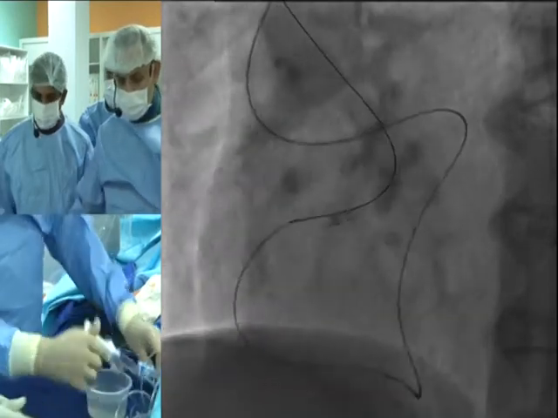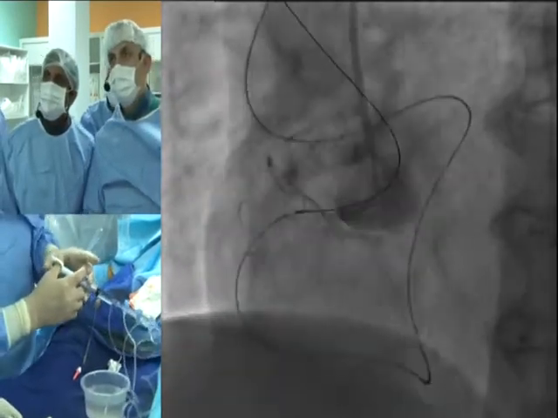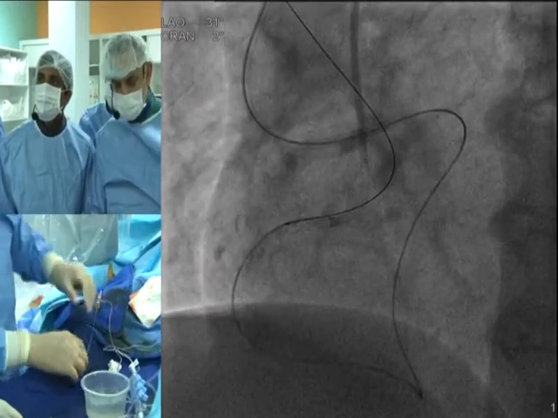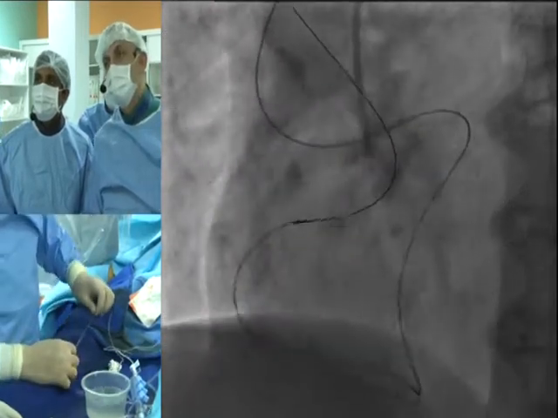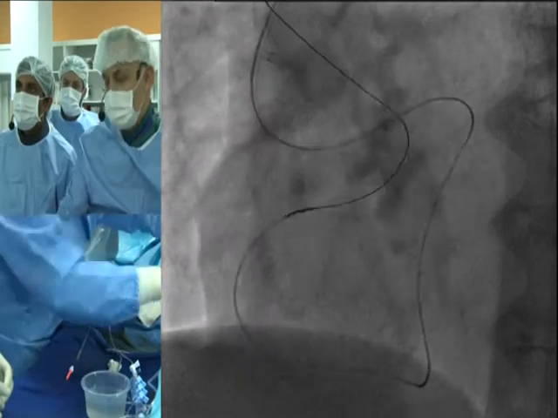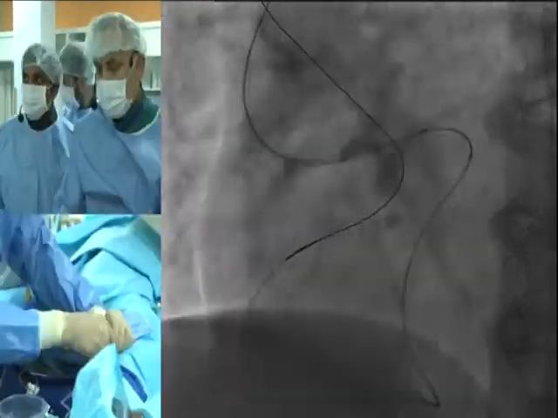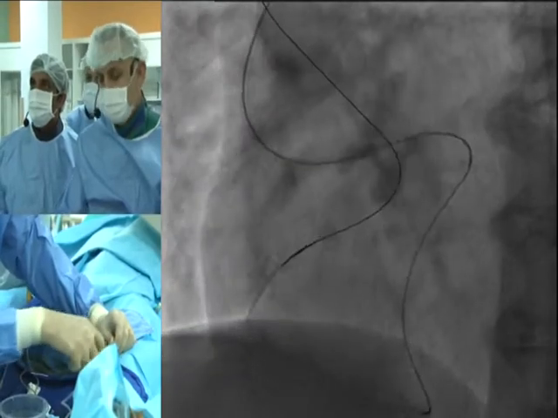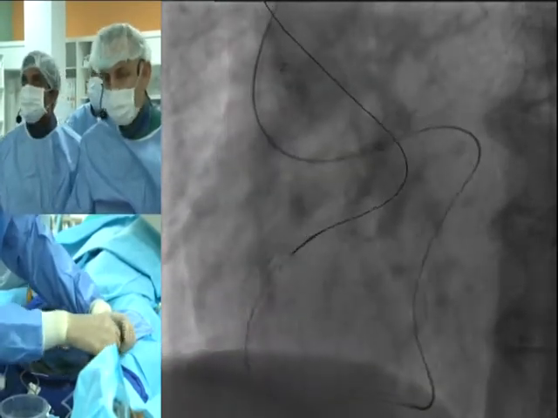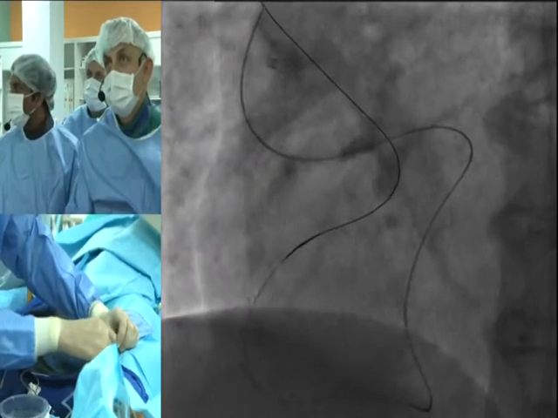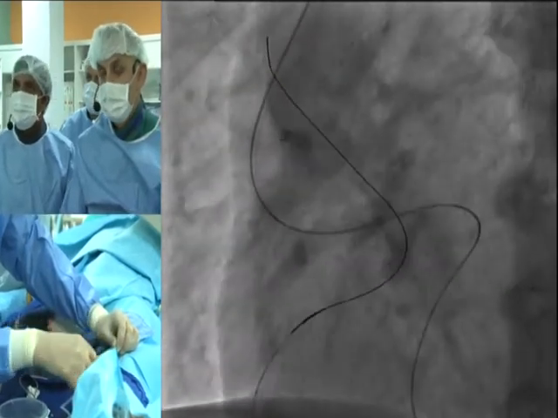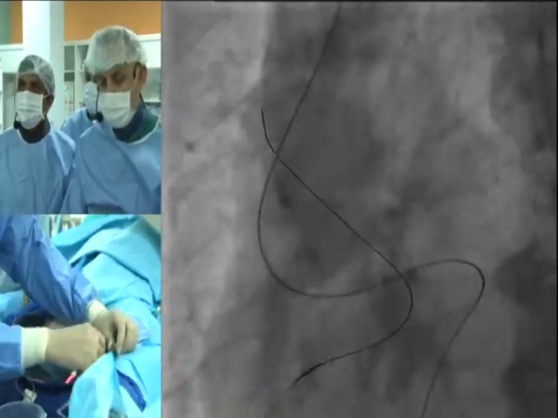Can I see from the right? Yep. Now we are snaring the vessel. We're going to snare that ultimate 3 we have.